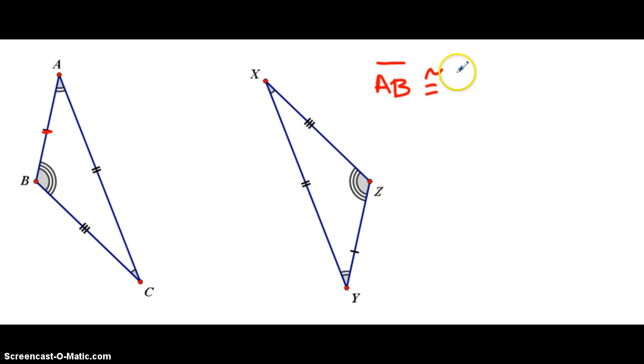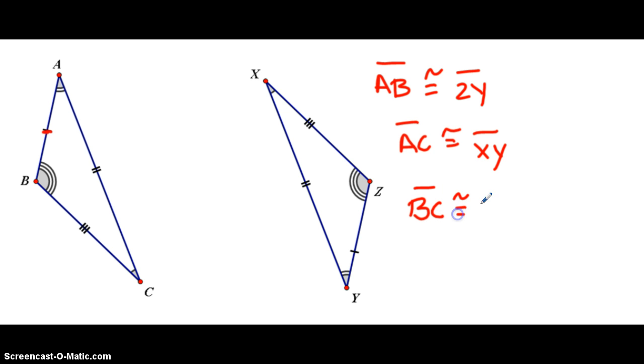All right, that goes with segment ZY. All right, then we go to the next one. Two ticks here, so segment AC is going to be corresponding with which segment? Drum roll. Yep, XY.